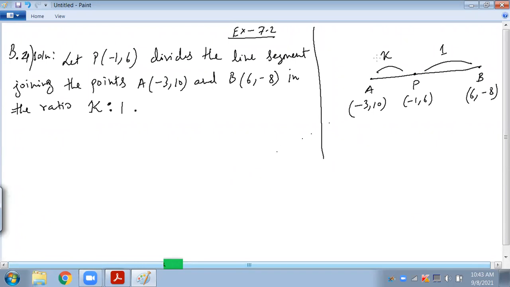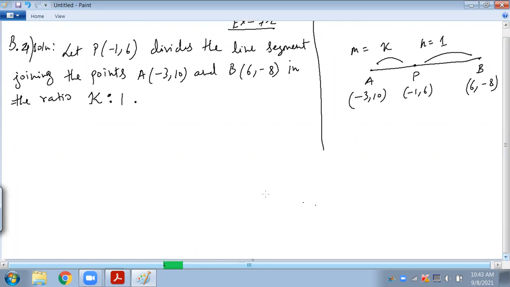That means m will be k and n will be 1. So we can take m equal to k, n equal to 1.